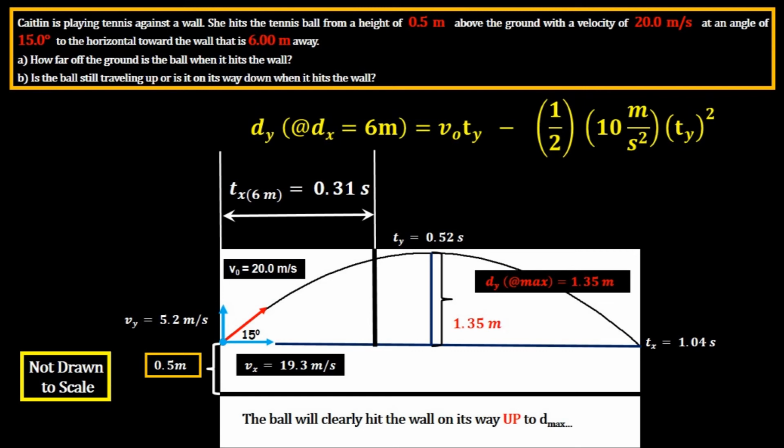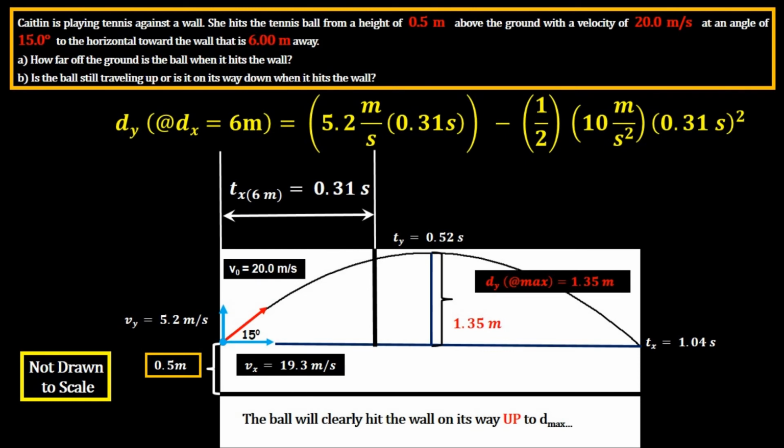So here is the same equation, but what I'm going to solve for here is the height, the dy at dx at 6 meters. So this is going to be 5.2 meters per second times 0.31 seconds. That's the time it takes to get there, because that's the horizontal distance. The time it takes to go that dx is the same time it's going to take to do the dy.